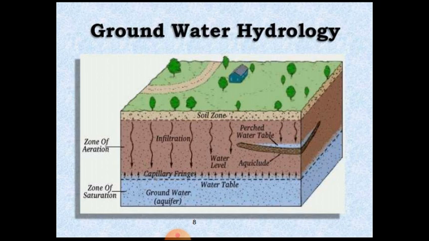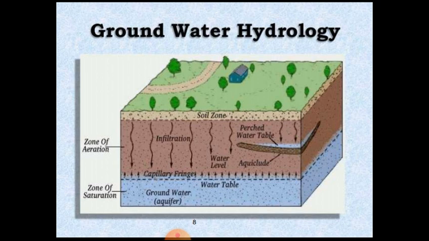We can show the hygroscopic component and the moisture content held by capillary action. Therefore, we can draw the plot related to the intermediate zone. In the zone of aeration, the intermediate zone, water is held by hygroscopic action.